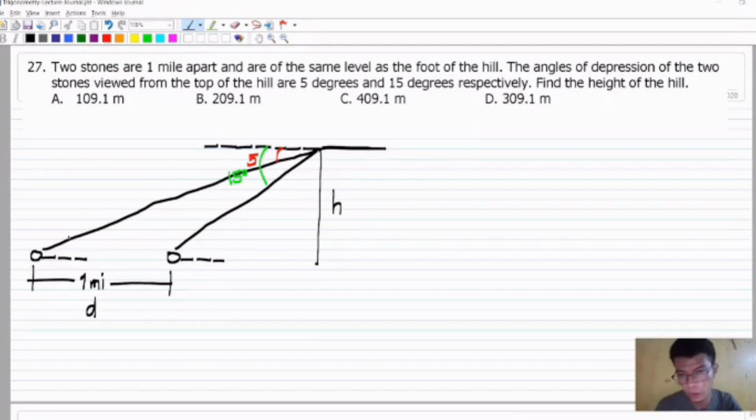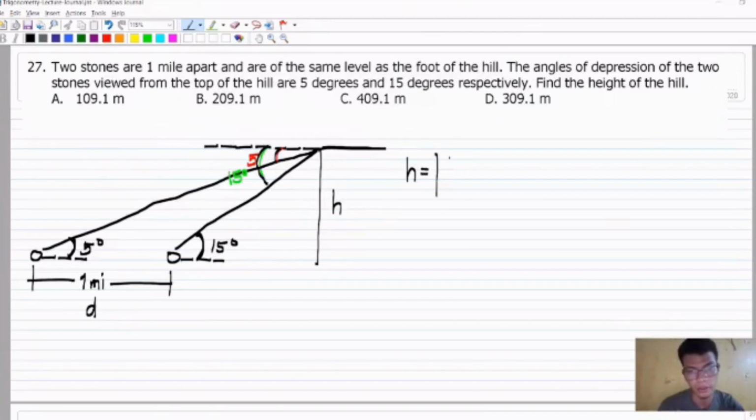Diba? Kapag inikot niyo yan clockwise, parang magbabaliktad sila and mapupunta dito yung 5 degrees. Mapupunta naman dito ang 15 degrees. Kung dito ay 15, 15 din dito. Kung 5 dito, 5 din dito sa kabila. So, masasolve na natin ang value ni h.